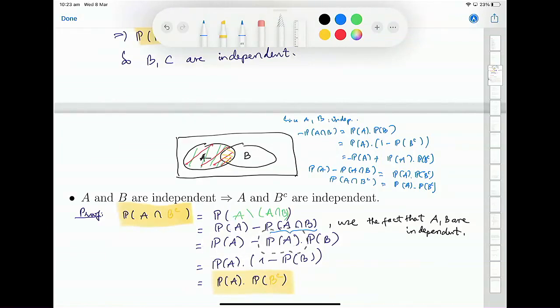So I have probability of A times 1 minus probability of B. And 1 minus probability of B is the probability of B complement.